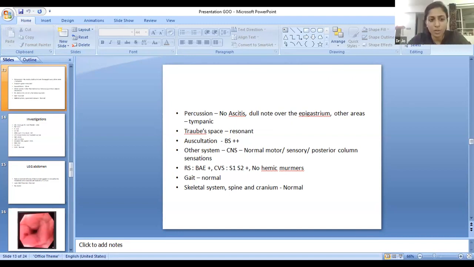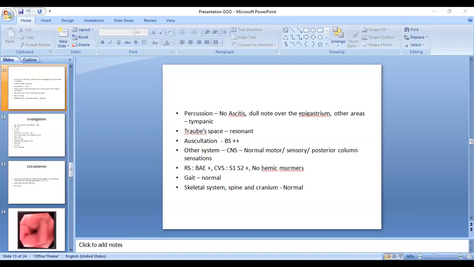The investigation hemoglobin was 13.5. Just put it, show the slide. Yes, I can read it out. Currently you are not able to see, is it? They are not able to see. Jovita, please change to the investigation slide.